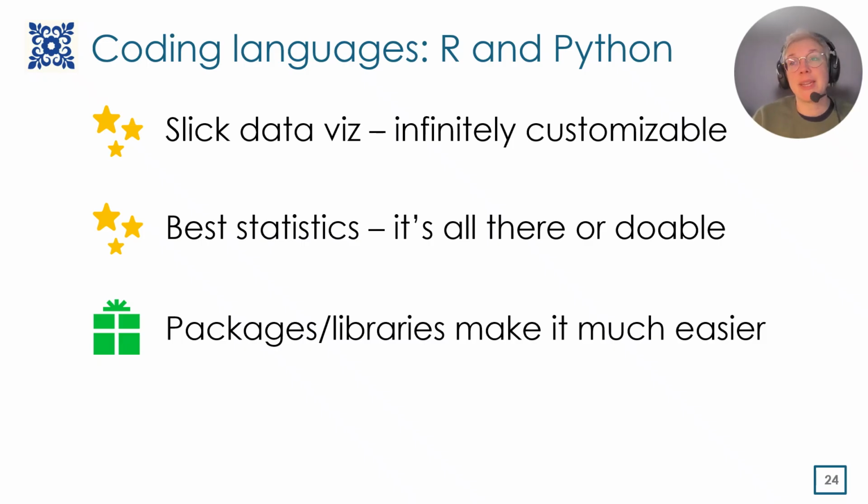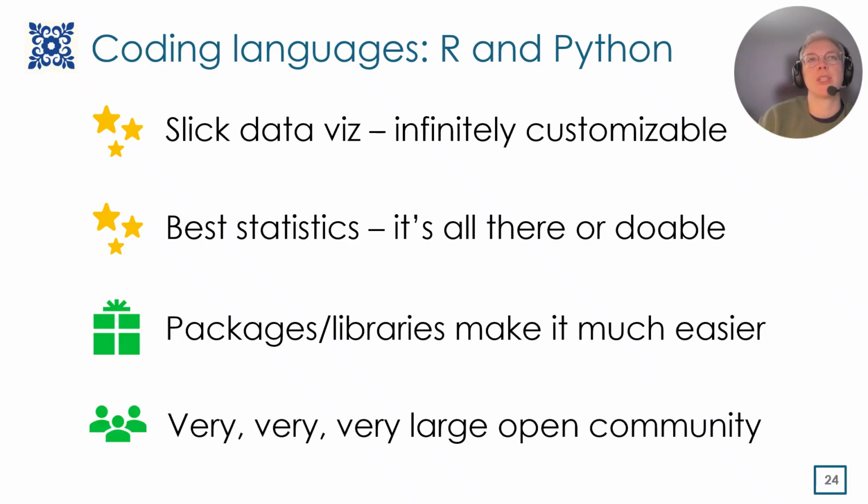Packages and libraries make it much easier. When you start coding, you might go, oh my God, how am I going to devise all of these graphs and these statistics by myself? Like, this is going to be way too long. But actually, what happens is that people have built packages in R and libraries in Python that have already sort of built up these tools to do the different statistical data analysis or graphs for you.